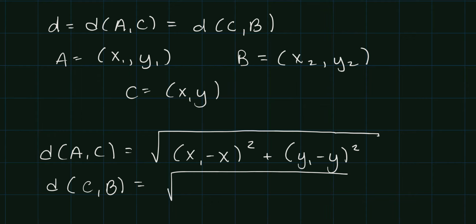I'm going to take the x coordinates, so I'm going to say x minus x2, and then I'm going to subtract the y coordinates, so y minus y2.